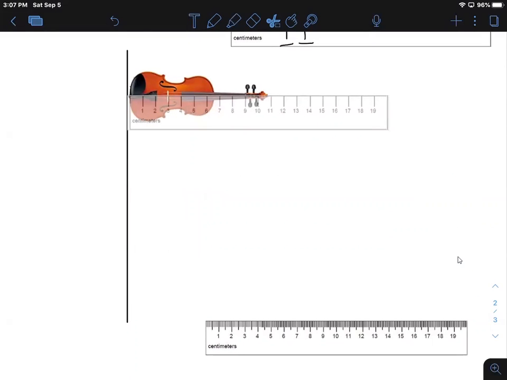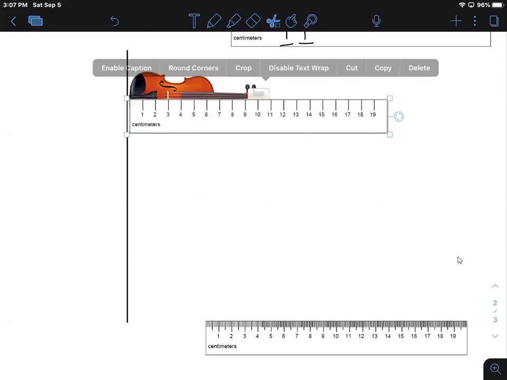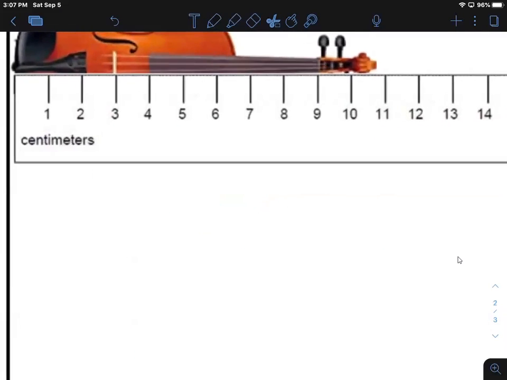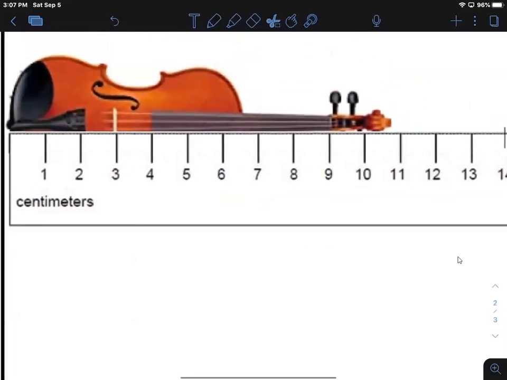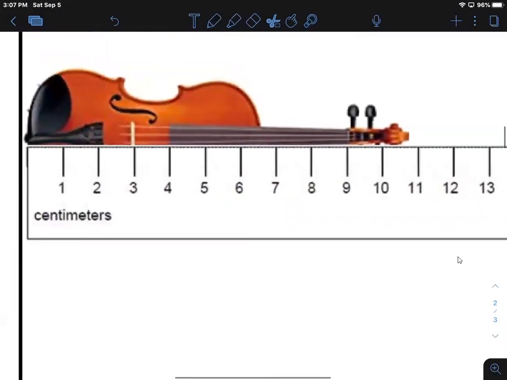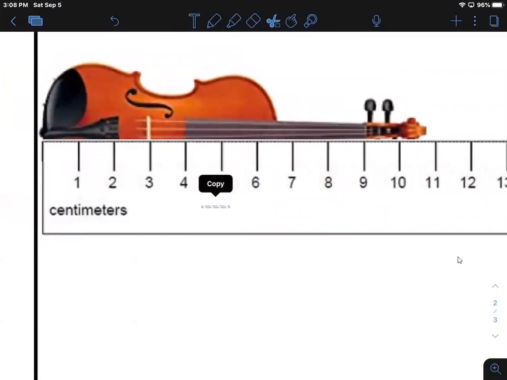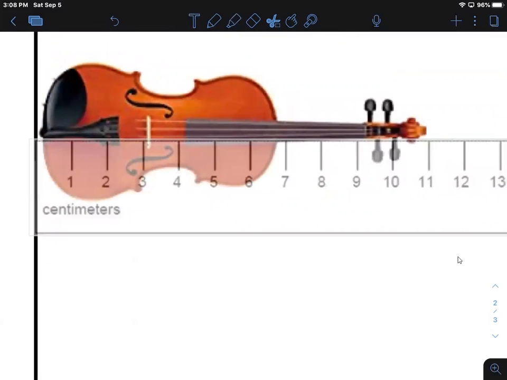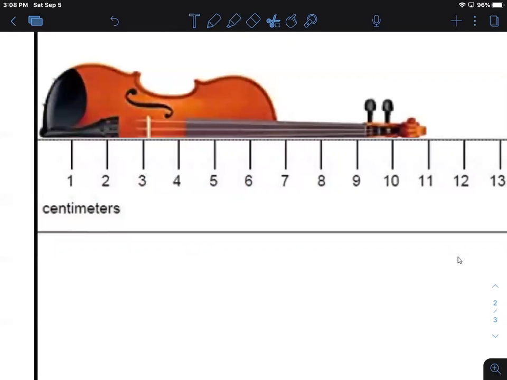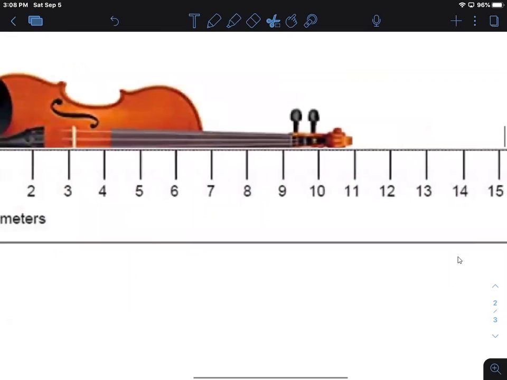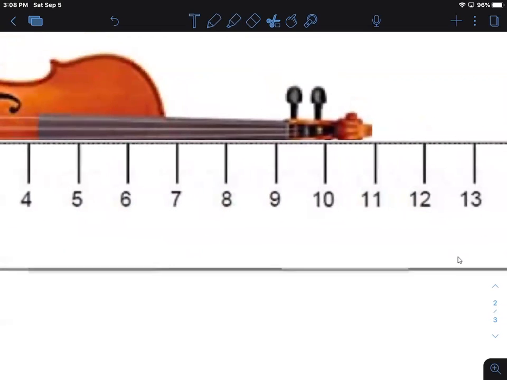I do this line here to help make sure I'm lining up the same place every time. All right, well, this ruler, this measurement device, has a little bit more precision. I'm going to move over just a little bit. It tells me that, okay, I can be a little bit more certain here.